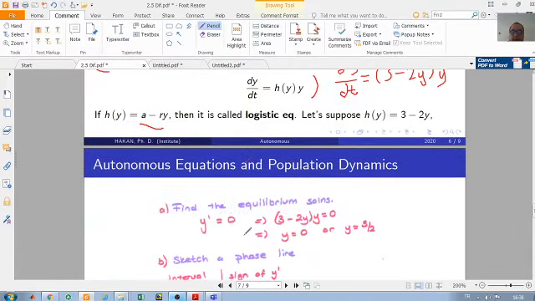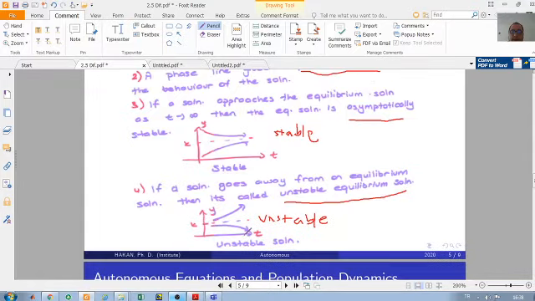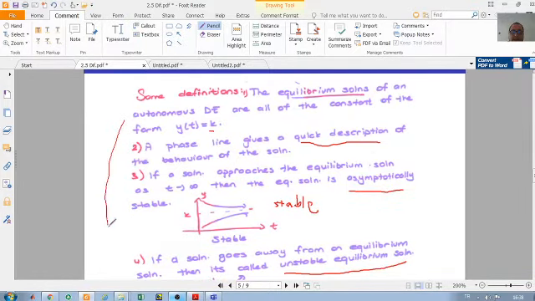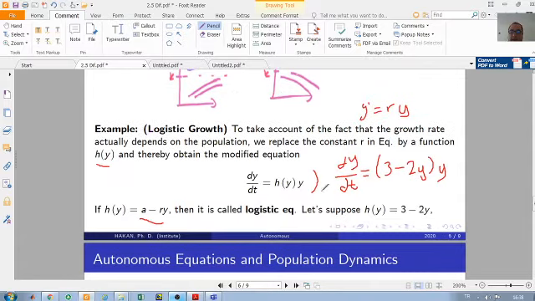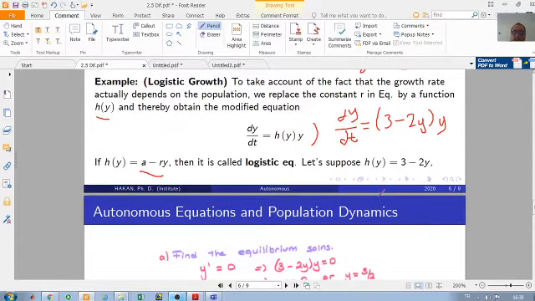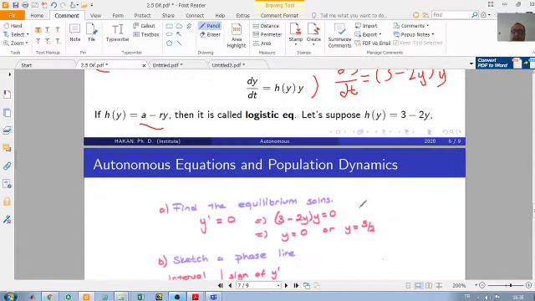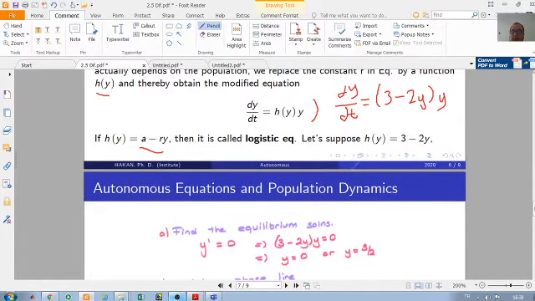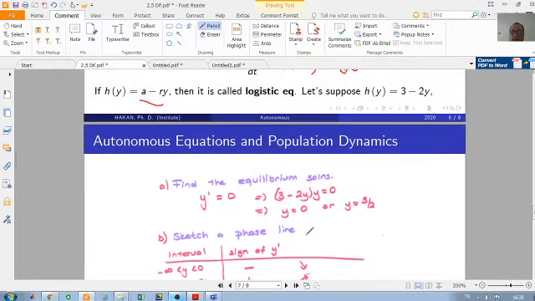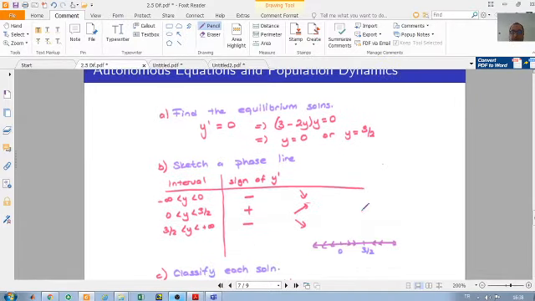So here we will investigate the definitions written here for this example. First, we need to find the equilibrium solutions. Equilibrium solutions can be found by writing 0 for the derivative. So we write 3 minus 2y times y equals 0. From here we obtain y equals 0 or y equals 3 over 2.